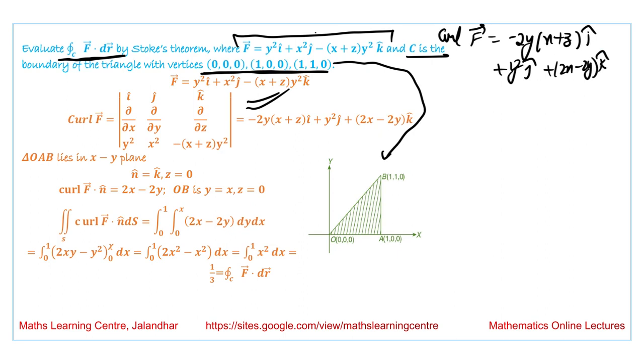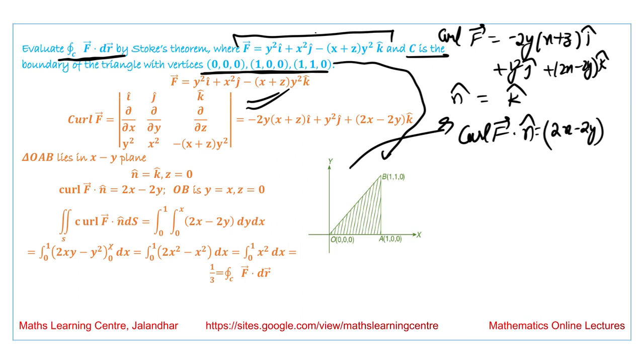If we calculate the value of n cap, this is in the xy plane, so n cap will be k cap. If we calculate curl of F vector dot n cap, the answer we get is 2x minus 2y. So we have to evaluate the integral of 2x minus 2y dy dx.